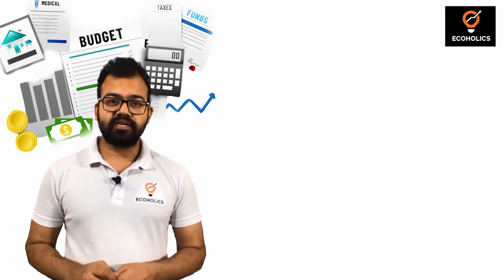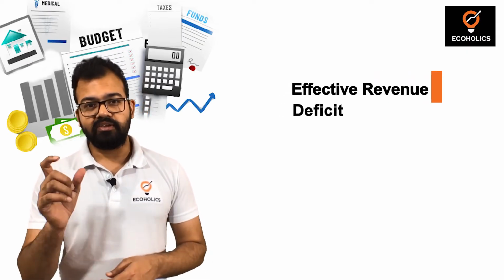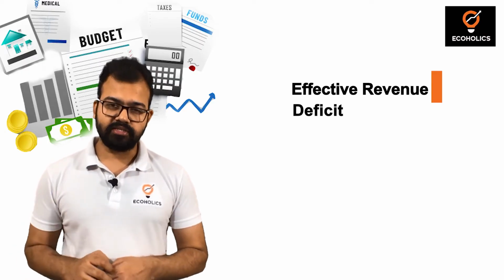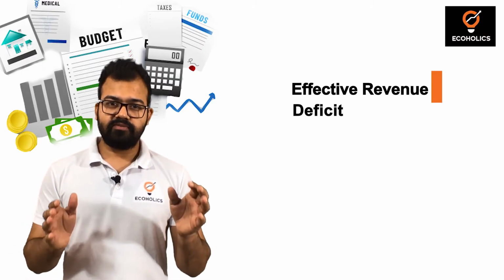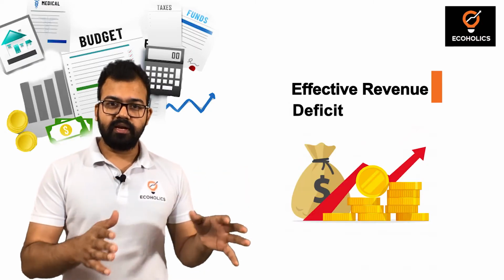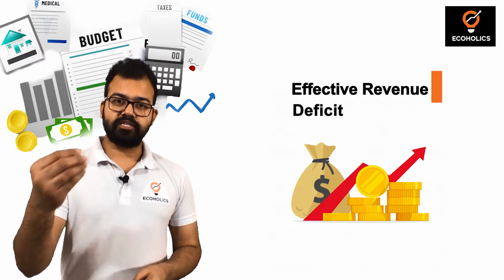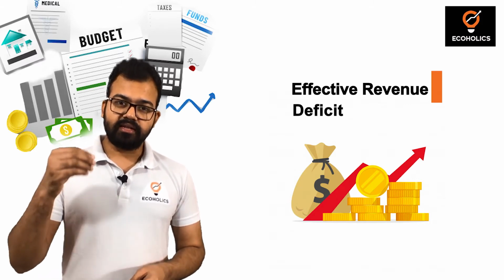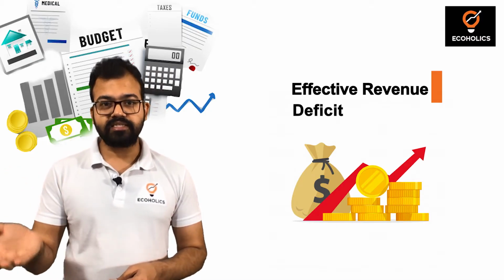The next deficit is effective revenue deficit. Now what's the meaning of this word effective? Understand it very simply. The central government gives money to the state government for their day-to-day expenditure, but the state government also uses some of that money in asset building.